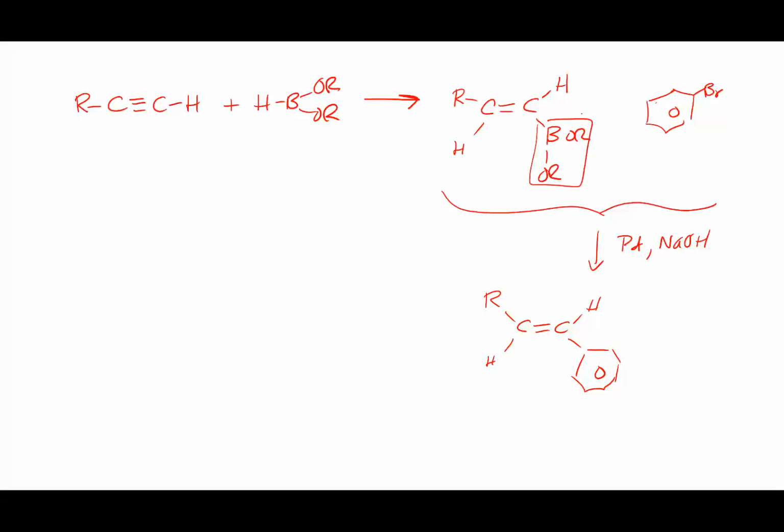Free radically brominating it, maybe eliminating to form a double bond, then doing some sort of Markovnikov addition, maybe make a Grignard. I don't have to worry about that. If I just prepare that alkyl group, I can just couple it in one step. And that's a much more modern way of looking at synthesis than what we have. But again, we're not going to get to the point of going through like 20 steps.